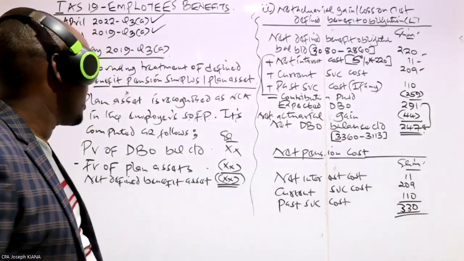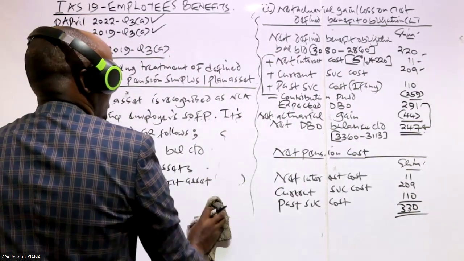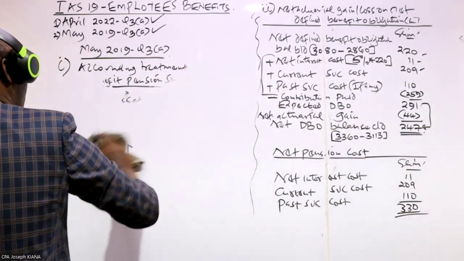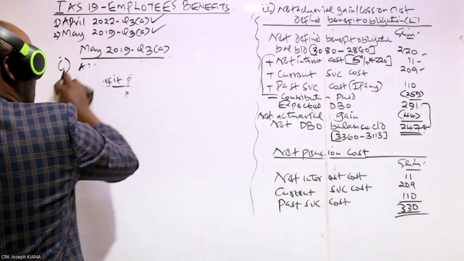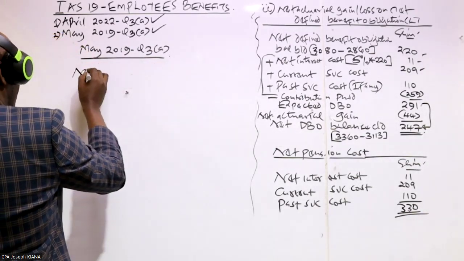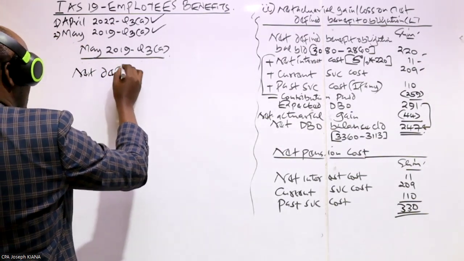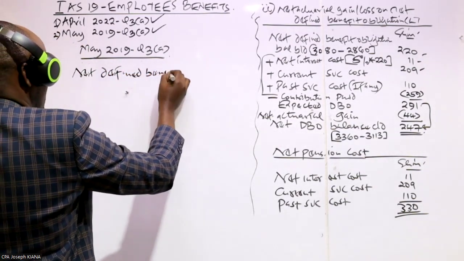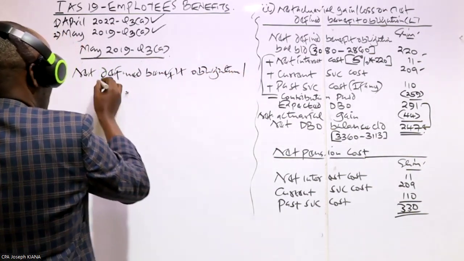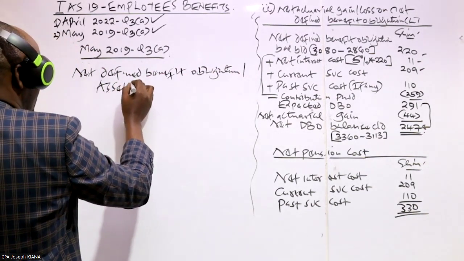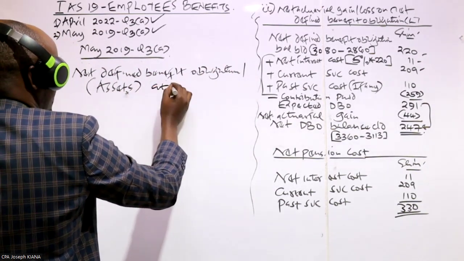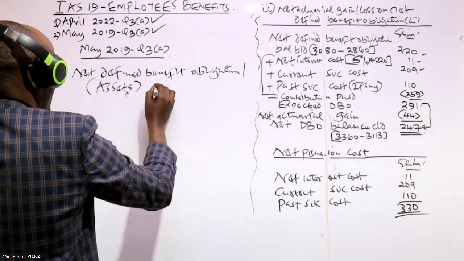And finally, let's compute the other item, which is the net defined benefit obligation or asset as at 31st of December 2018. Actually, once we get a negative figure here, that is an asset at year end.